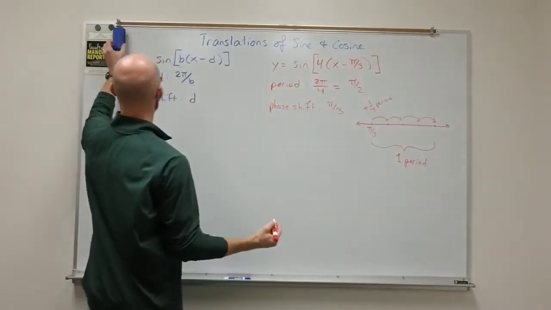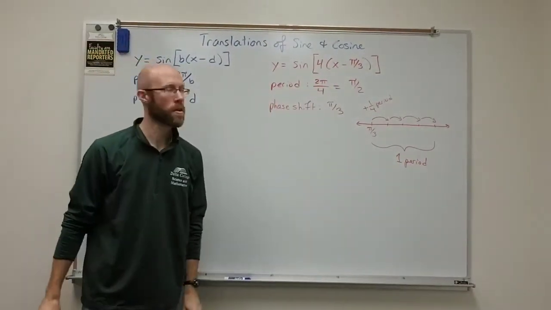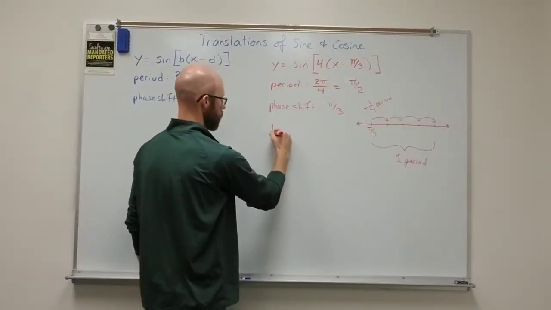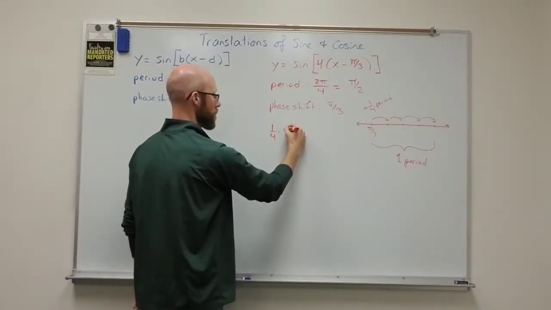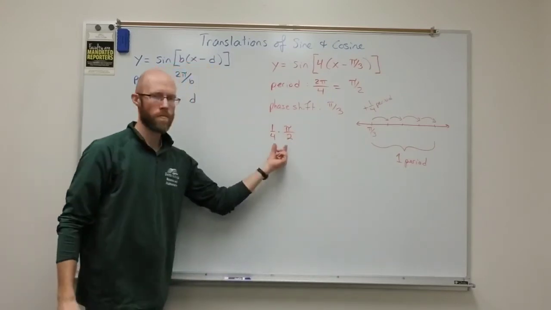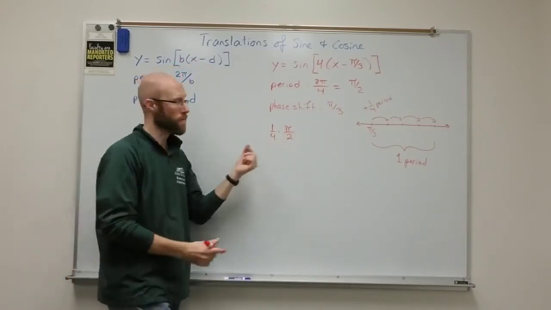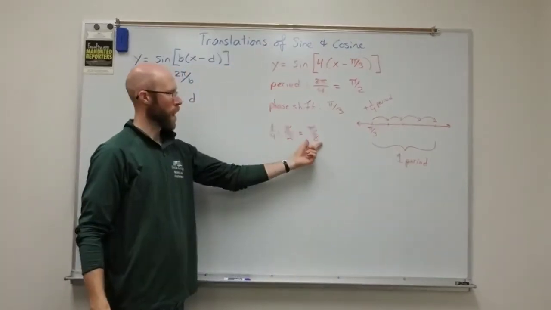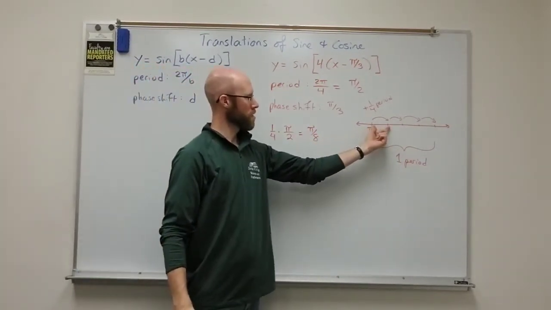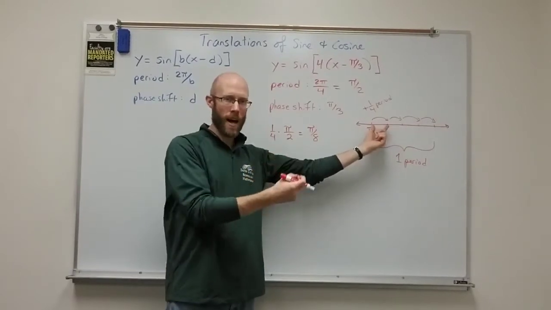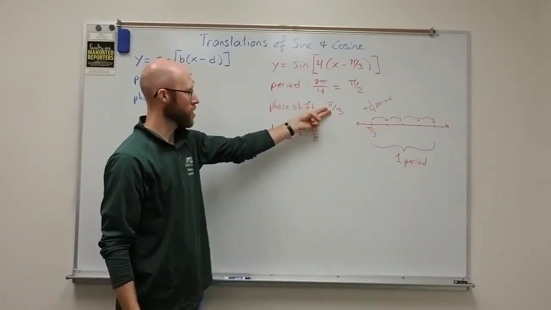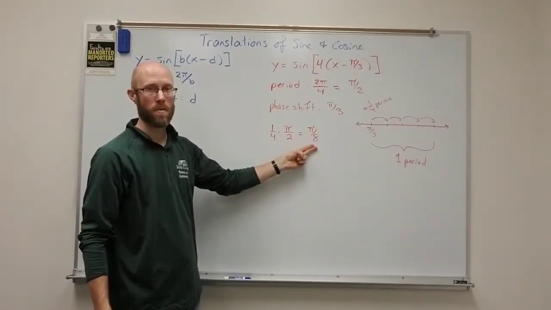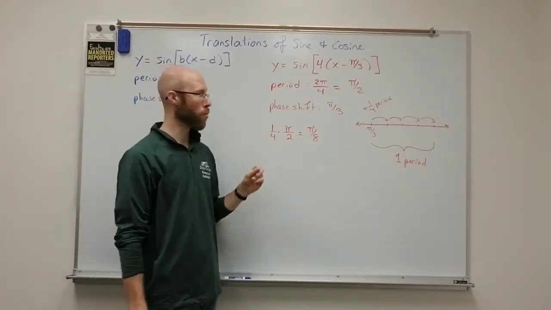So you add a quarter of the period 4 times. Well, to find a quarter of the period, you take 1/4 times the period, which is pi over 2, and you get pi over 8. So pi over 8 is the distance that you're going to add on. Then you start at the phase shift and add that number 4 times to get your 4 other points.